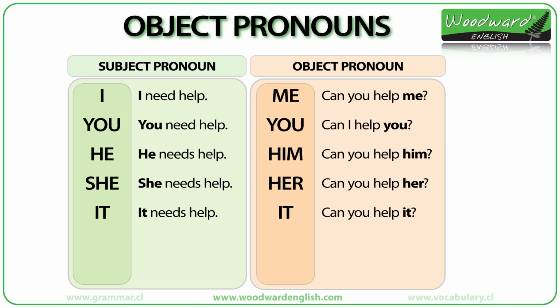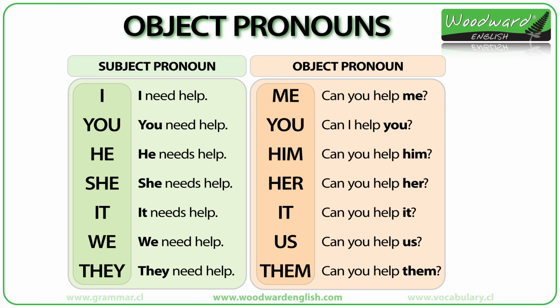It needs help. Can you help it? We need help. Can you help us? They need help. Can you help them? Notice how you and it do not change in form. The subject and object pronouns have the same form for you and it.